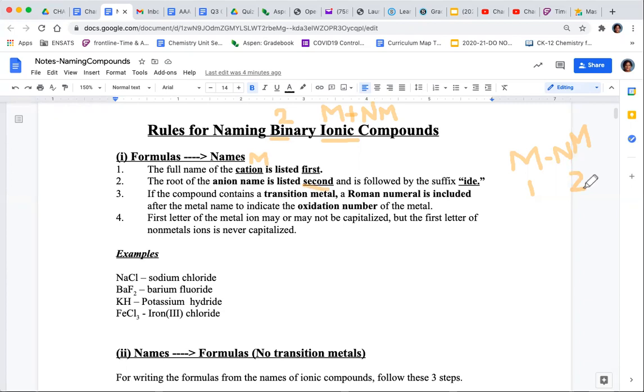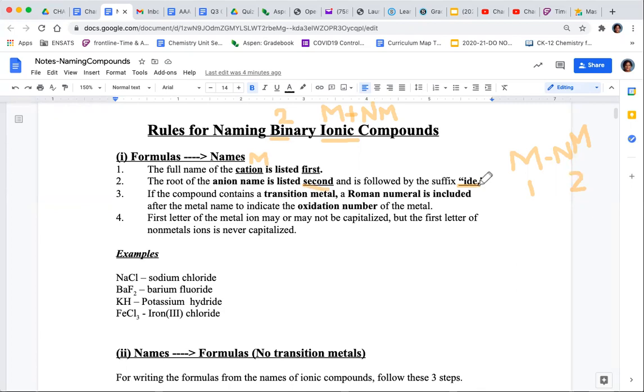You have to make a small change: you add the three letters I, D, E at the end of the root word. When you have chlorine, a non-metal, you don't say chlorine, you say chloride. That is the rule.